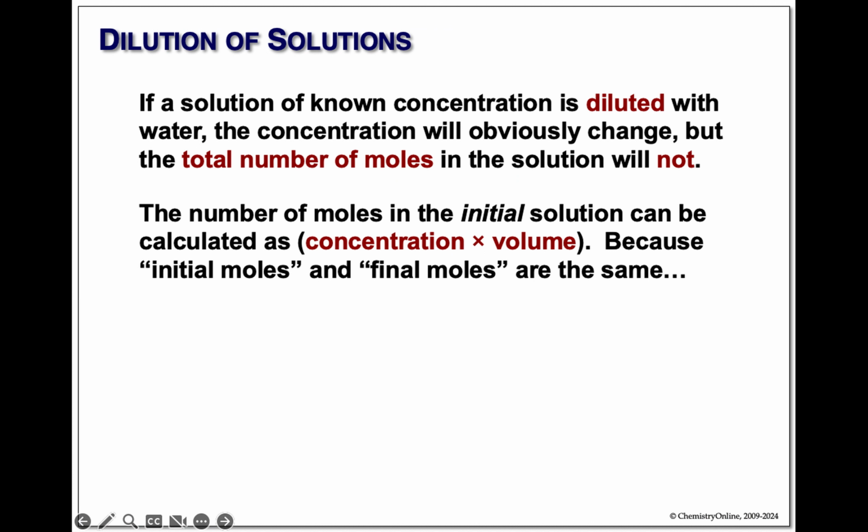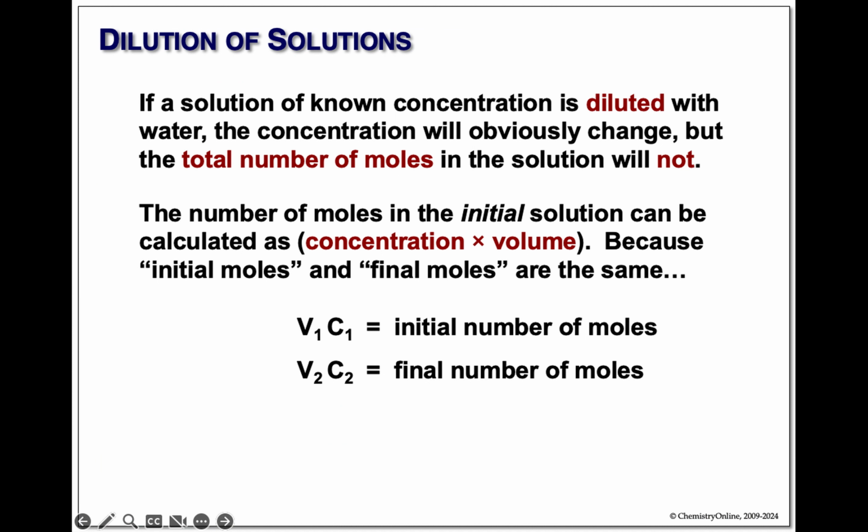But the number of moles in your initial solution hasn't changed, has it? It's still the same. You just added more water. But the number of moles is the same. So we know how many moles initially: volume times concentration will give our initial number of moles.